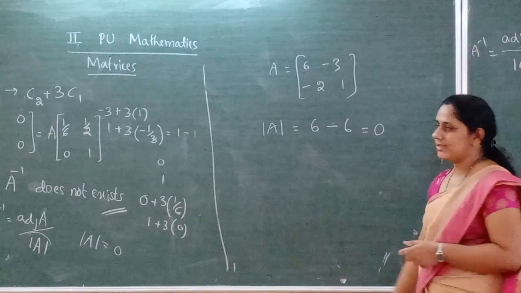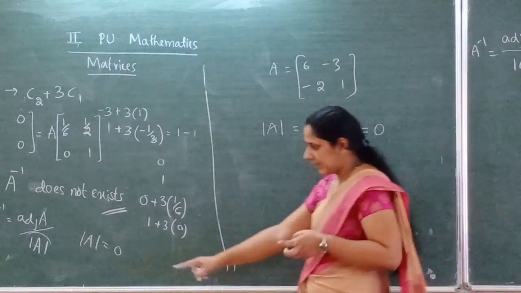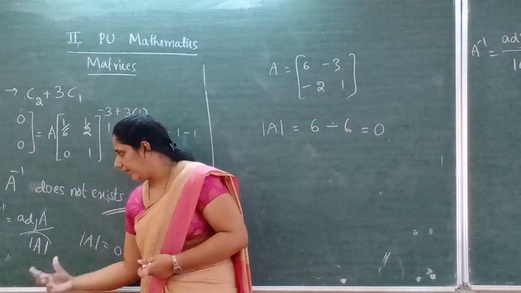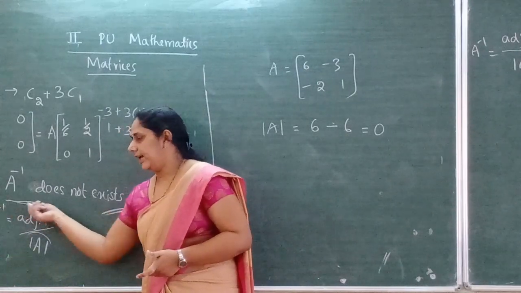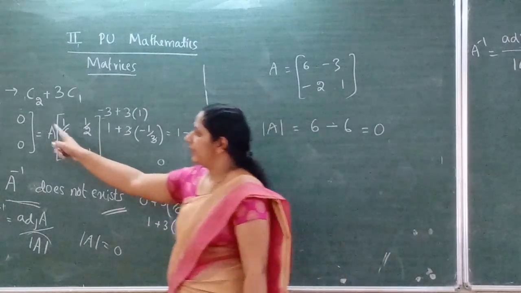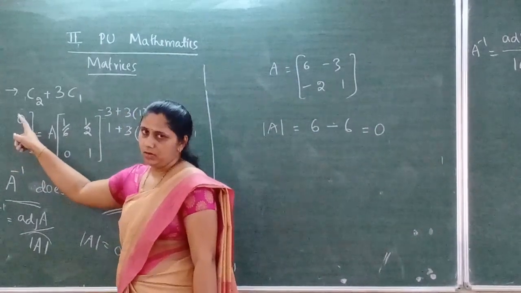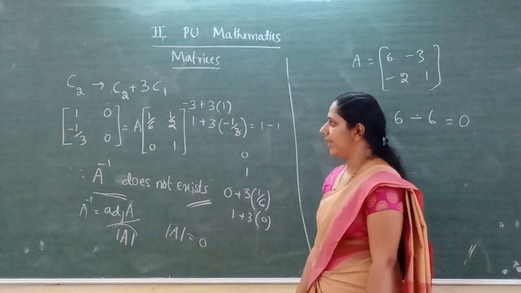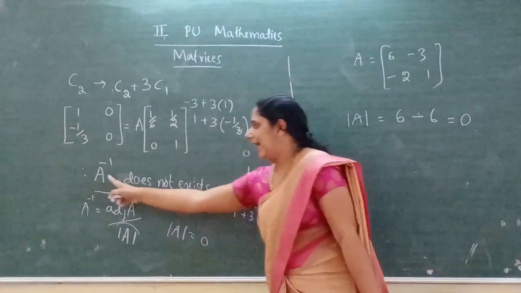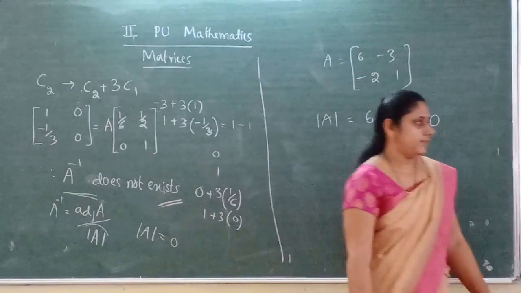So 6 minus 6 is 0. Since the determinant A is 0, some matrix by 0 is not defined. So here A inverse does not exist. So if I get a row full of 0 or a column full of 0 after applying elementary operations, then A inverse does not exist.